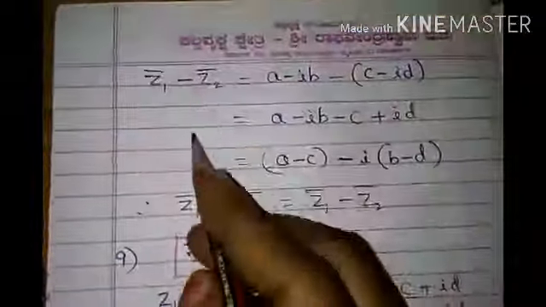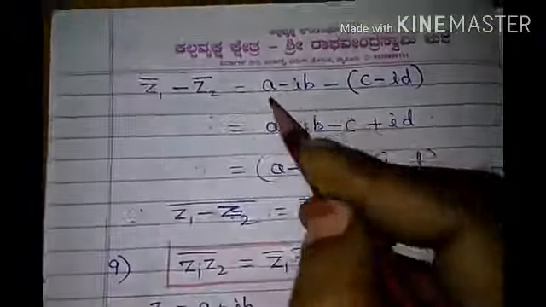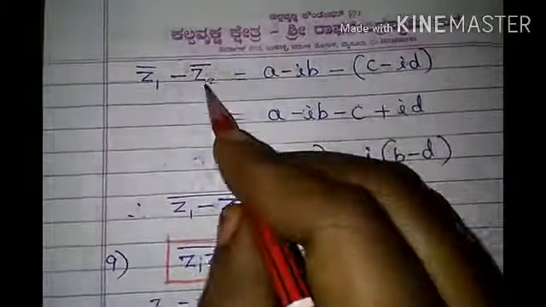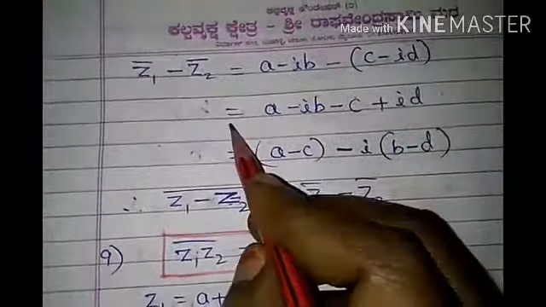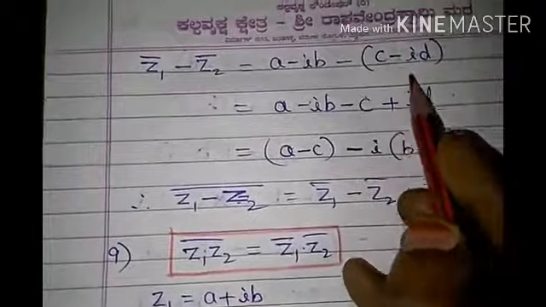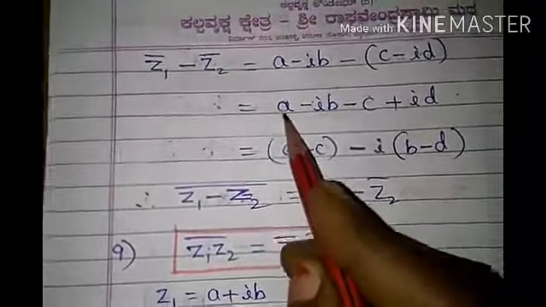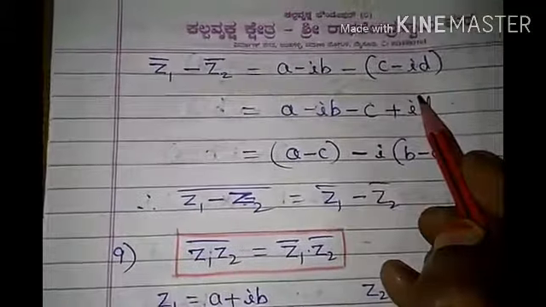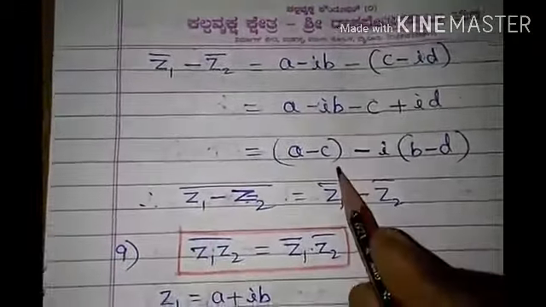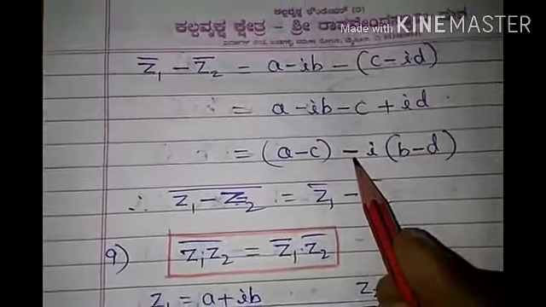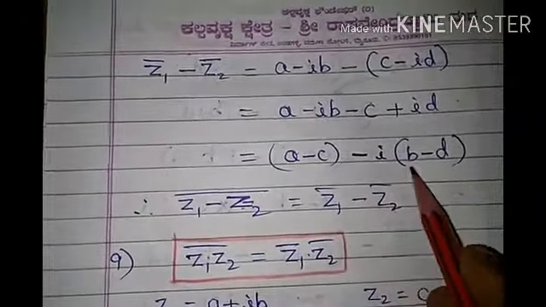So next, z1 conjugate minus z2 conjugate, which is equal to a minus ib minus of c minus id. z2 conjugate is c minus id, which is equal to a minus ib minus c plus id, which is equal to add the real parts together and imaginary parts together. A minus c minus ib plus id. Take minus as common, minus i into b minus d.